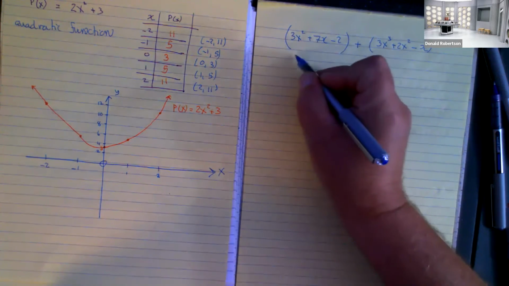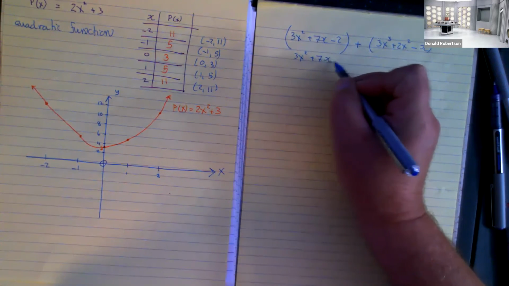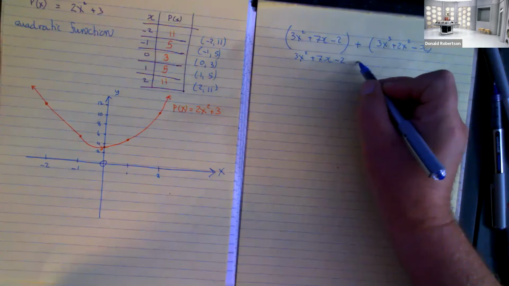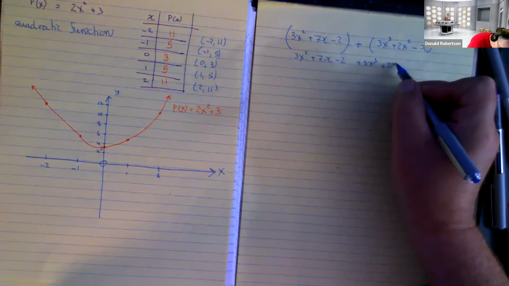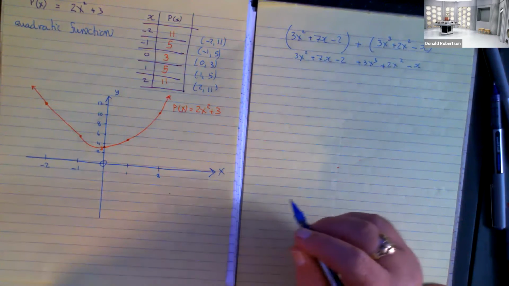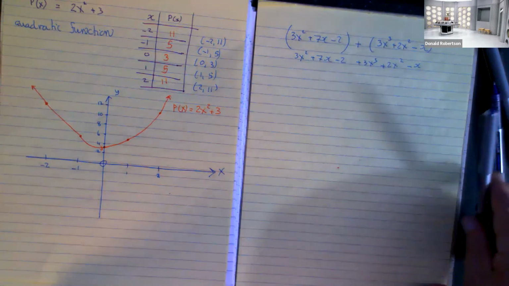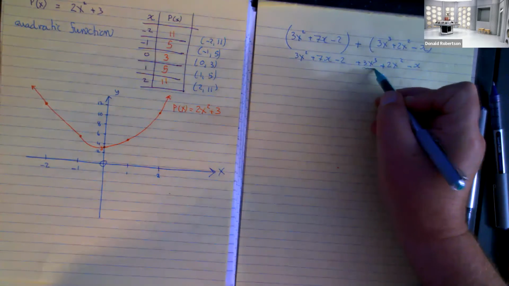Now, since there's a plus there, very little happens to the terms. This guy stays as plus 3x cubed, this guy stays as plus 2x squared, and this guy stays as negative x. You then do what's called collecting like terms. So you look for the biggest term, and it's 3x cubed.